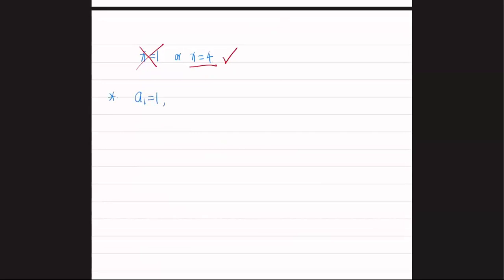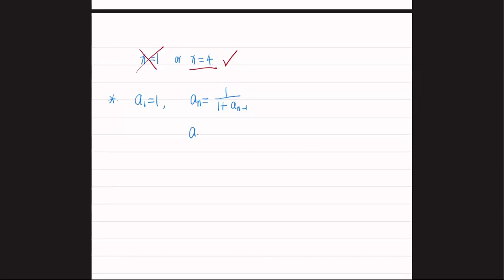A1 is 1, An is 1 over 1 plus. Let's think about this. Okay, this works. Let's again do the chain. What's A2? Do not simplify. Sakina, A3.